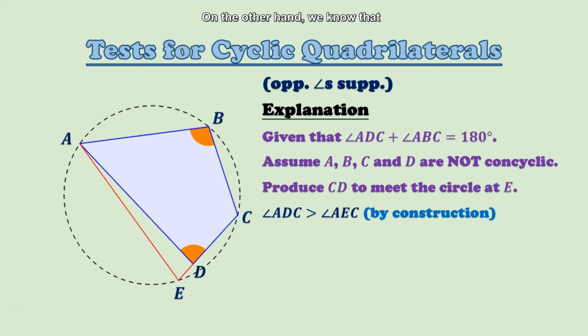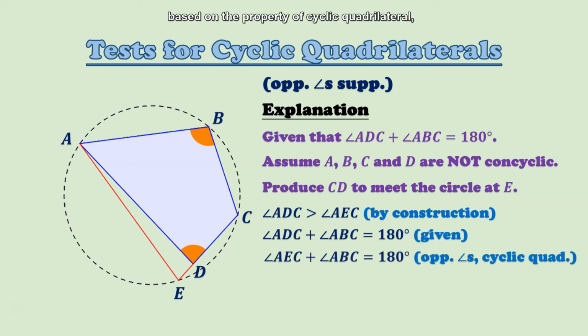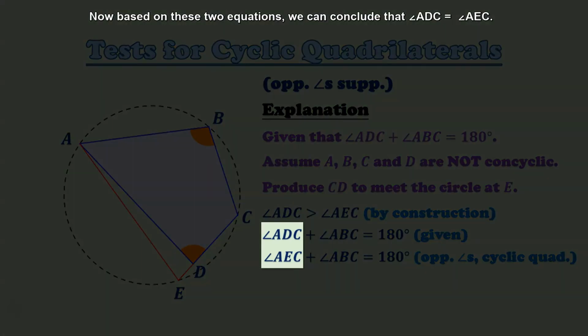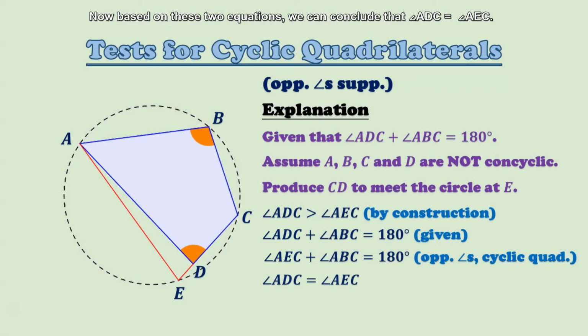On the other hand, we know that it is given that angle ADC plus ABC is 180 degrees, and furthermore, based on the property of cyclic quadrilateral, we can conclude that angle AEC plus angle ABC is 180 degrees. Now, based on these two equations, we can conclude that angle ADC is equal to angle AEC.